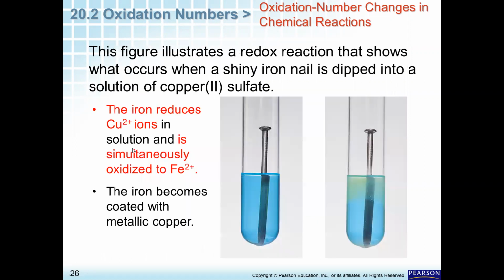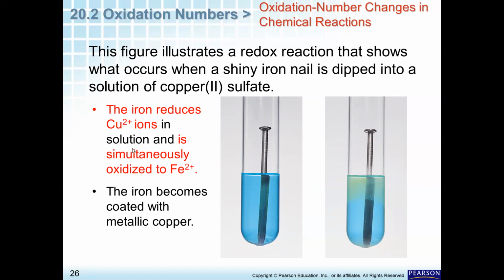Okay. Another example, which is dipping a nail made from iron in a copper solution. This is the moment you dip it in. This is after a while. You will see that the color is becoming pale blue, which means that some of the copper has gone from solution. And also, if you look at the nail itself, there is a black precipitate, and that is due to the copper.